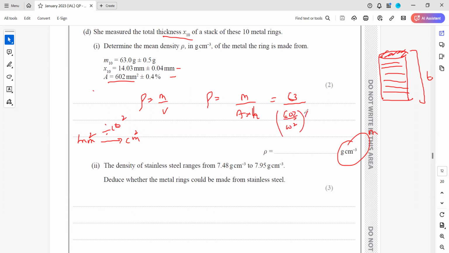And the thickness is 14.03 divided by 10, because we want to convert into centimeter only. So this will give us the average density or the mean density of this stack. So unit conversion is important. Don't forget to convert the unit. It will be about 7.46.